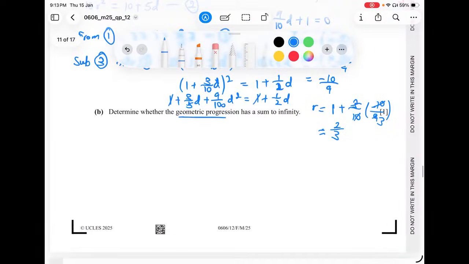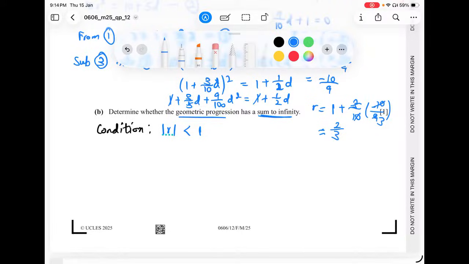Determine whether the geometric progression has a sum to infinity. Any value that has a sum to infinity should follow this condition. So the condition for any geometric progression is that you need to remember the absolute value of r should be less than 1.